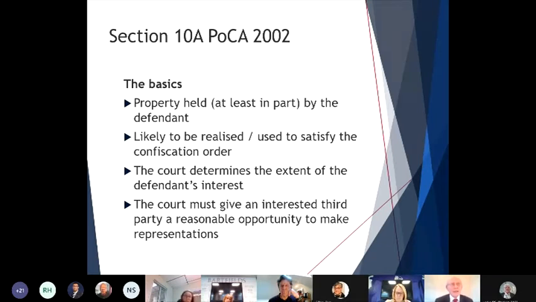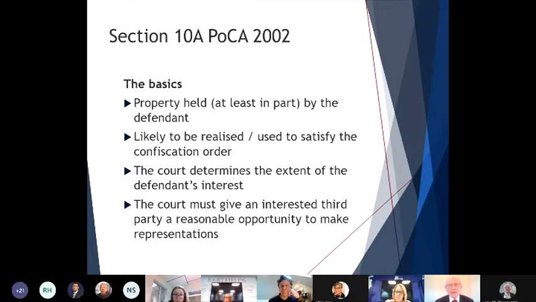Well, the court can make that decision and make a decision about the defendant's available amount and make the confiscation order without invoking Section 10A at all.